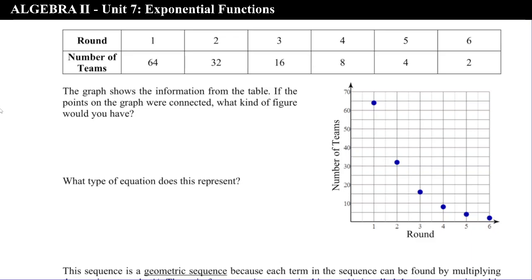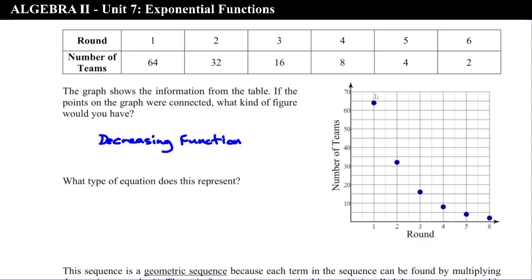If points on the graph were connected, what kind of figure would you have? Well, you'd have a decreasing function. And what type of equation does this represent?